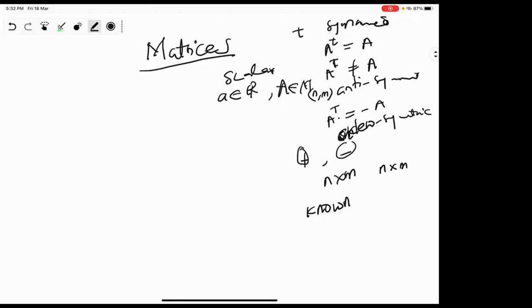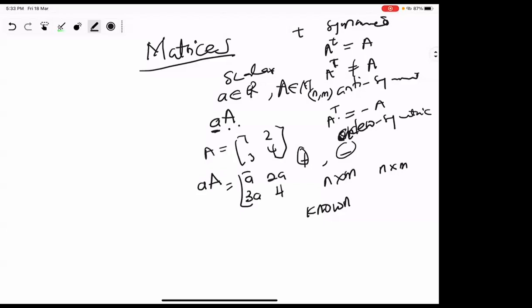It does not necessarily need to be a square matrix. So to perform a scalar multiplication, we multiply the scalar by each and every component of the matrix. So assuming A is equal to 1, 2, 3, 4, then small a times matrix A is a times 1, that will be a, a times 2, that will be 2a, a times 3, that will be 3a, and a times 4, that will be 4a. And that is what scalar multiplication is.